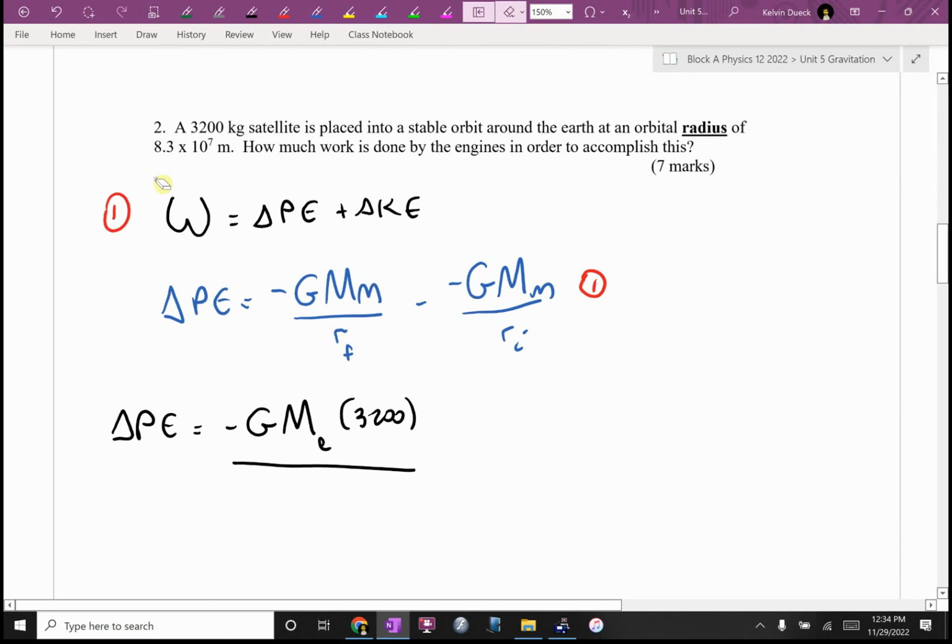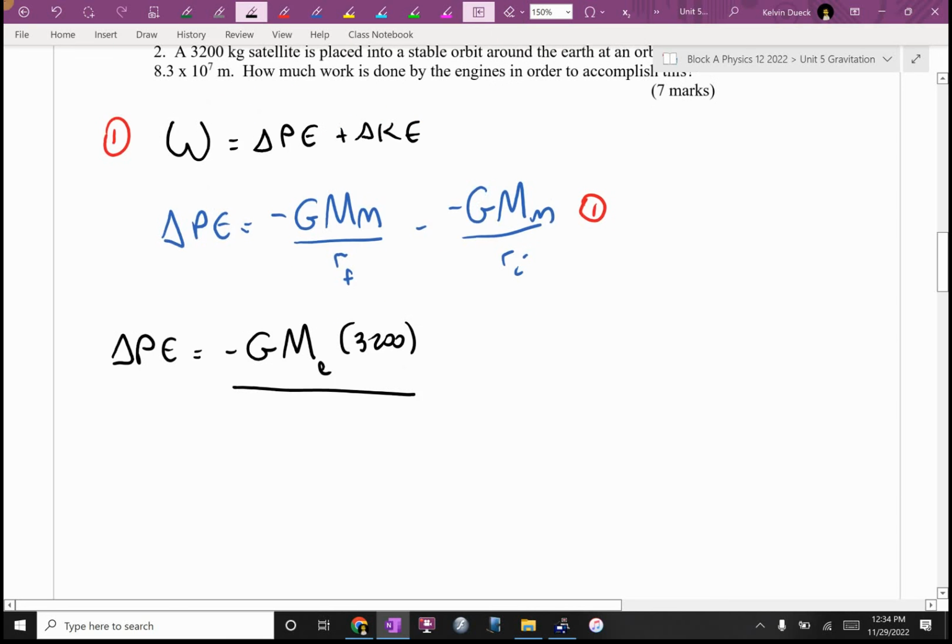This is a radius. Do I need to add the 6.38 times 10 to the 6th? Nope, I already did that for you when I found that number. So it's just going to be 8.3 times 10 to the 7th, plus same thing times same thing times same thing, divided by 6.38 times 10 to the 6th.